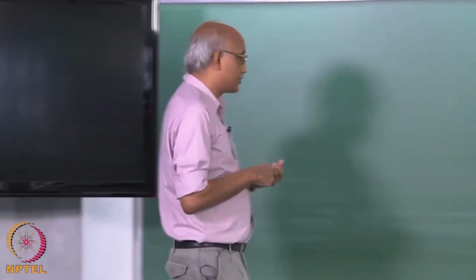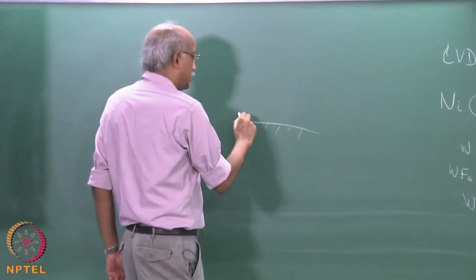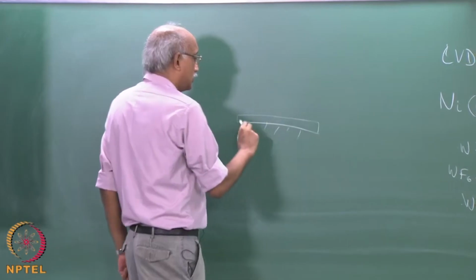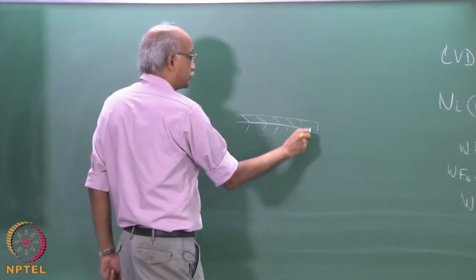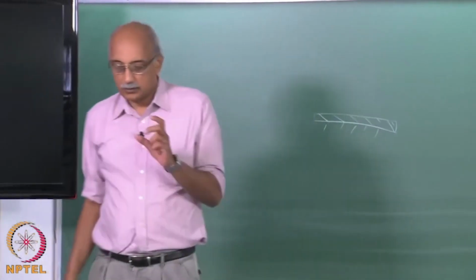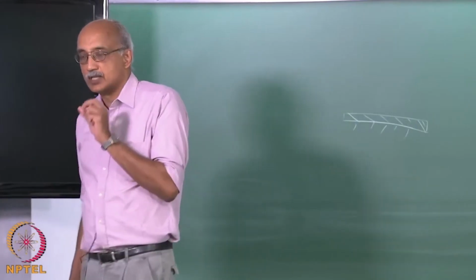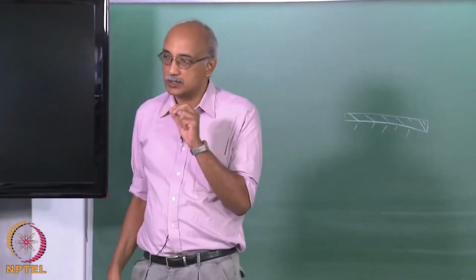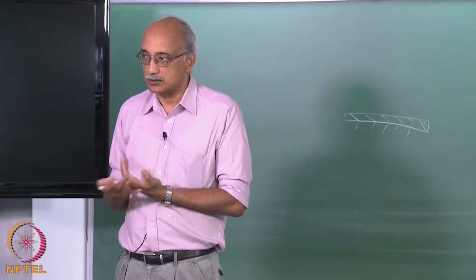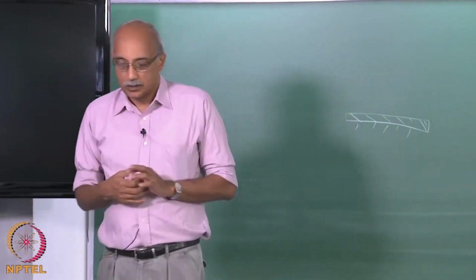When you have a substrate of some kind and you try to put down a coating on top of it, clearly for the most part the coating has a very different chemical composition and physical structure compared to the substrate that is underneath. That is the reason you put it down as a coating, right.